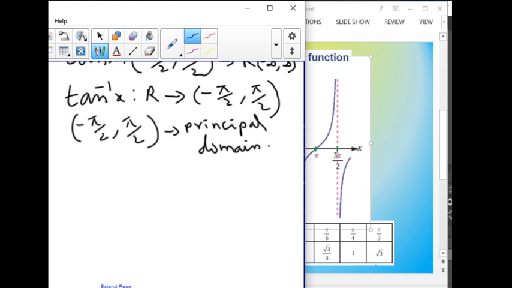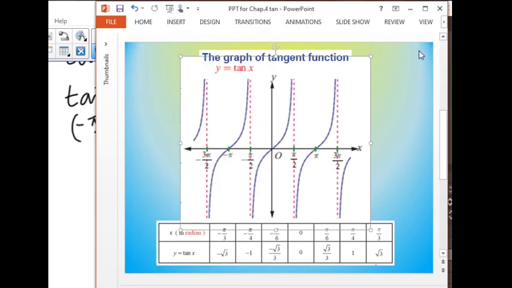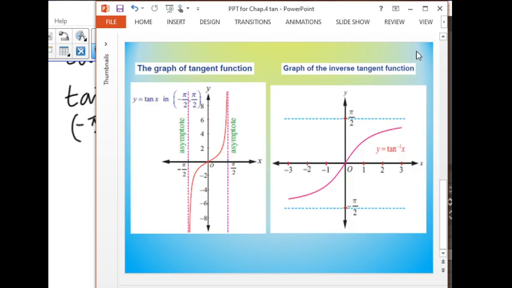So, now we will see the graph of tan inverse of x. The first graph is of the tangent function, and the second one is for tan inverse. As we have seen in cos and sine, the values of the x axis go to the y axis and the y axis goes to the x axis.